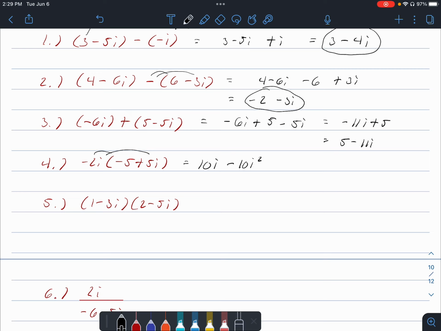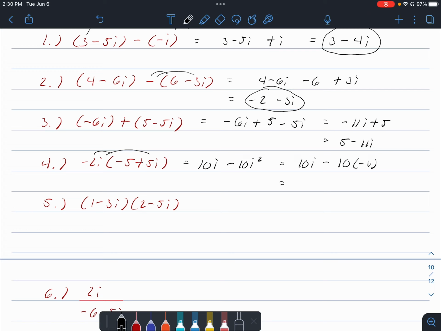The reason we have the square there is because we have negative 2i times 5i. We have two instances of i, so we have i squared. So we have 10i minus 10i squared. But 10i squared is just 10 times negative 1 because i squared is negative 1. So we have 10i minus 10 times negative 1.